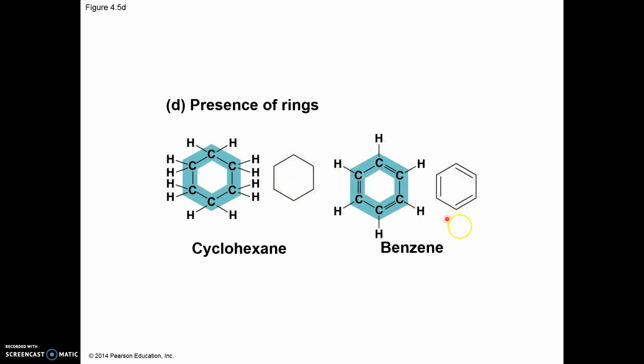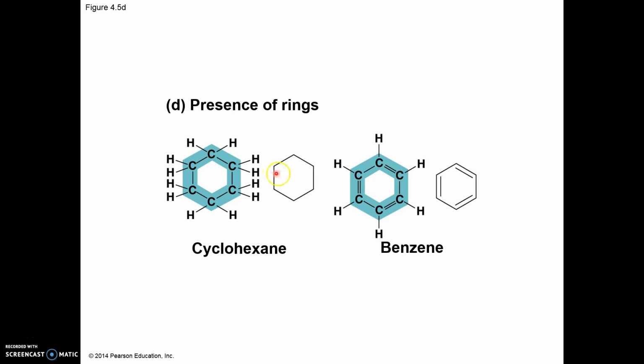Shape-wise, these things are shaped slightly differently. So here in benzene, it actually is a flat hexagon. For cyclohexane, it's not actually a flat structure. It has bends in it that give it three-dimensional space, and we might touch on that at some point.